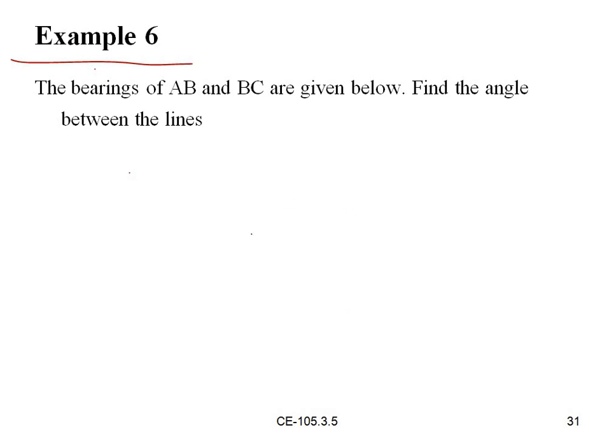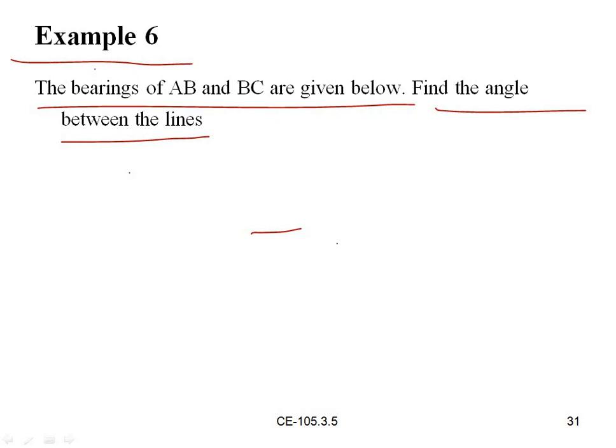The next one is example 6. The bearings of AB and BC are given below. Find the angle between the lines: 152 degrees 15 minutes and 70 degrees 30 minutes.